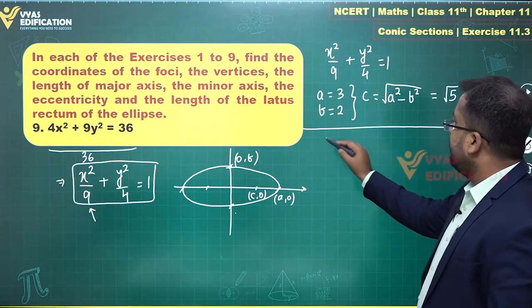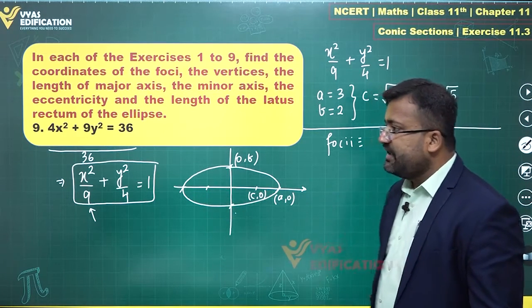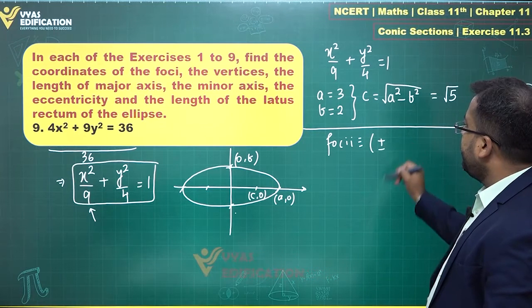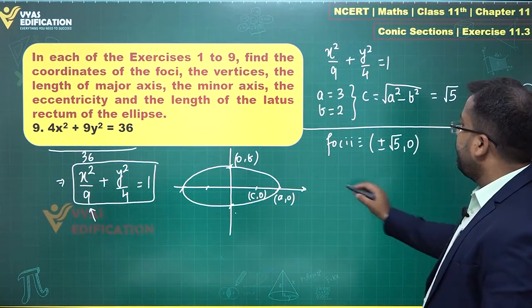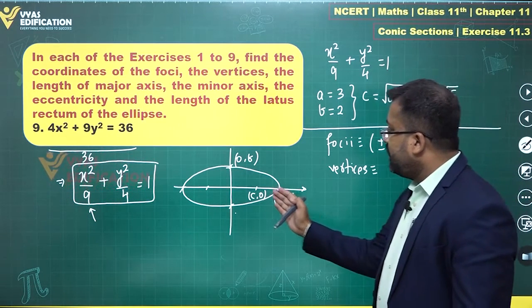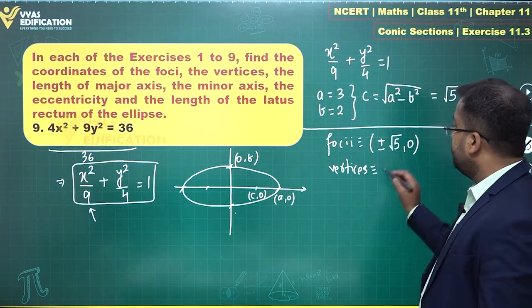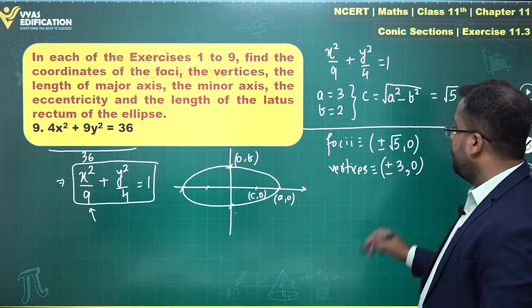Now the foci can be found easily. C comma 0, minus c comma 0, which will be plus or minus c, that is root 5 comma 0. The vertices, once again, a comma 0, minus a comma 0, which is plus or minus a comma 0, right?